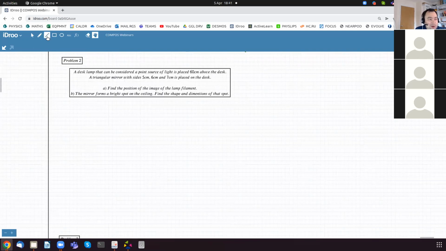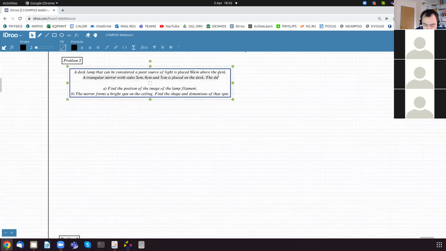Right. So a desk lamp that can be considered a point source of light is placed 60 centimeters above the desk. The distance between the desk and the ceiling is 1.8 meters.